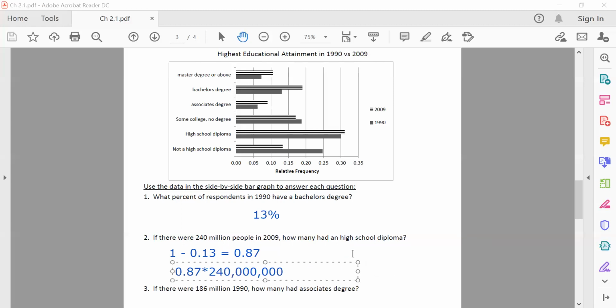You can just put the full number at 240 million. And of course you can use a calculator. And I'm going to do it too because I am an American. I love my calculator. And that is 208 million. I need to extend the text box here. 208,800,000 people had at least a high school diploma.